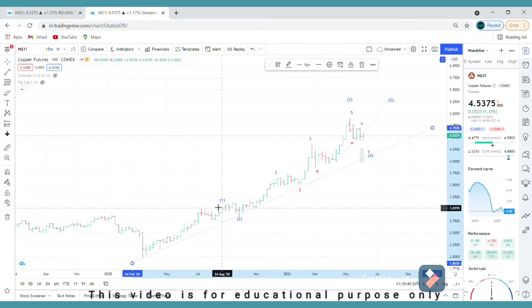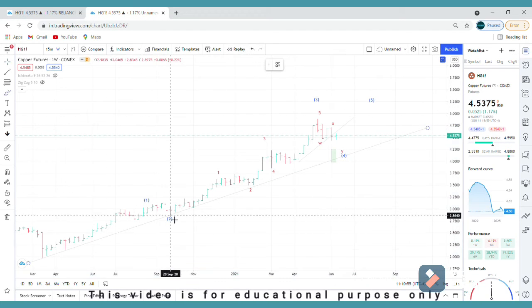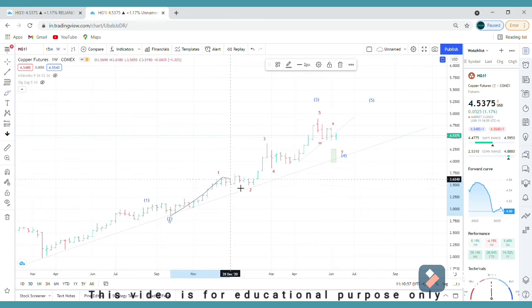Now these are the two. Basically in Elliott wave, a bigger wave, if we break it down, will have similar smaller waves. So in this third wave also, 1, 2, 3, 4 and 5. If you see from here, this is first, second, third, fourth and fifth.